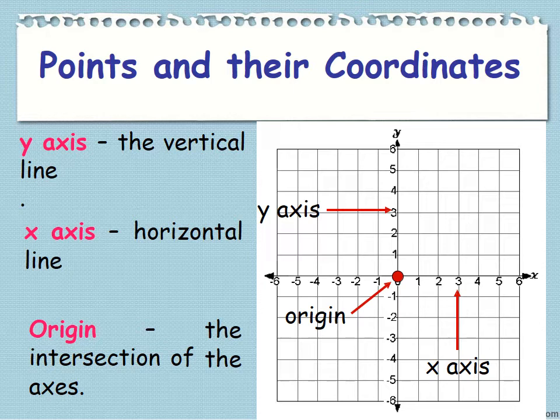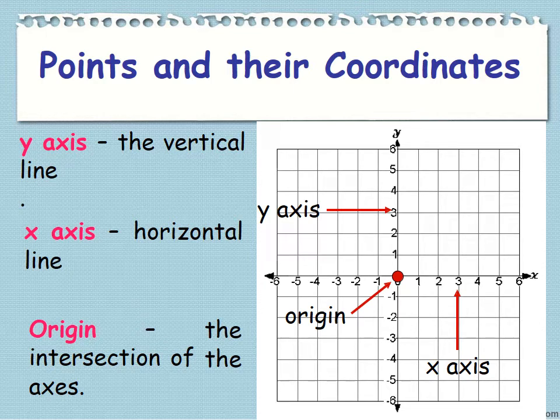You can identify any point on a coordinate grid by stating its coordinates. These are the x value and the y value at the given point. They are written as a pair in brackets. The x coordinate, or x value, is the distance of the point from the origin along the horizontal axis.